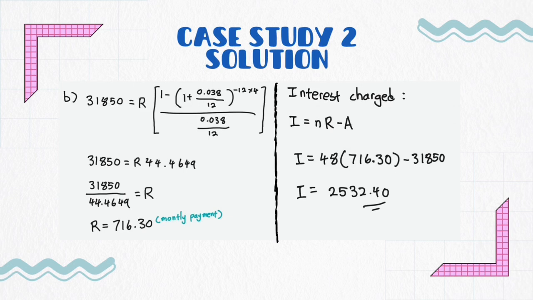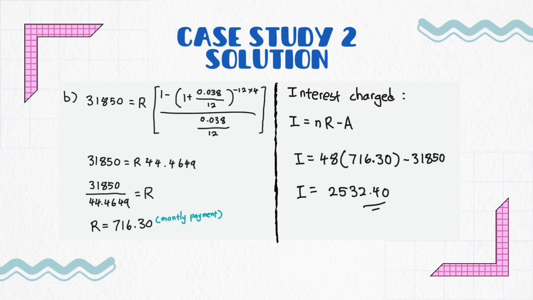And the answer will be 44.4649. And now to calculate R, we need to move 44.4649 to the other side, and it will become 31,850 over 44.4649, and we get the final answer for monthly payment, which is 760 ringgit 30 cents. Next, interest charge.